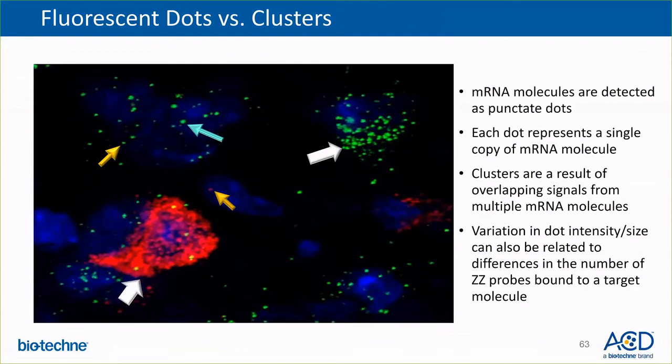So here, the yellow arrows point to single mRNA molecules with fewer ZZ probe pairs bound to them, compared with the dot pointed by the teal arrow, which is a bigger dot and still a single mRNA molecule. If you look at the clusters pointed by the white arrows, it is a cluster with an irregular rather than round shape, resulting from overlapping signals from multiple mRNA molecules.